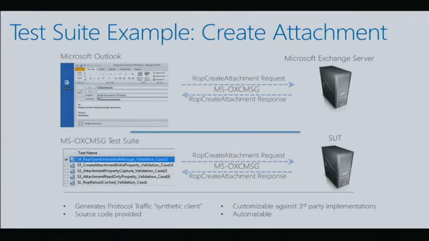Similarly, we have a test case which is highlighted over here. This test case will use the same ROP request to create an attachment to the mail message. So as you can see, these test suites are acting as a client application when you run them.